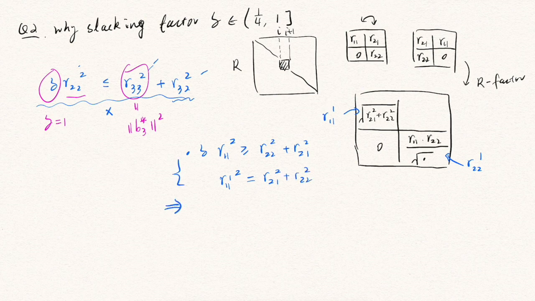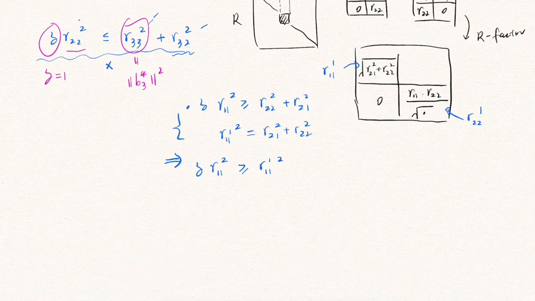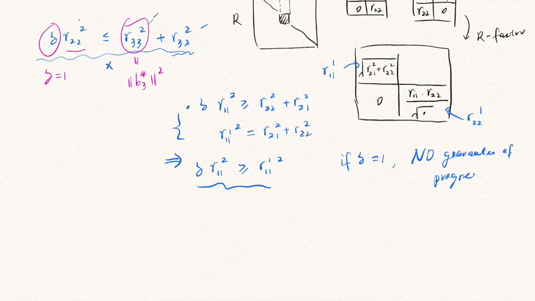So with these two, we know that R11 star is bigger. So this is what we will get when we swap with this slack factor. And we can see if the slack factor is 1, then there is no guarantee of progress. There's no guarantee that the new R11 is going to be smaller.